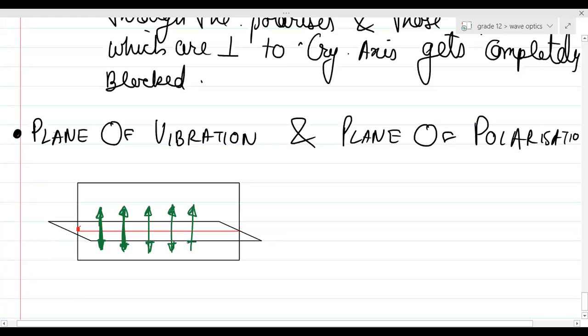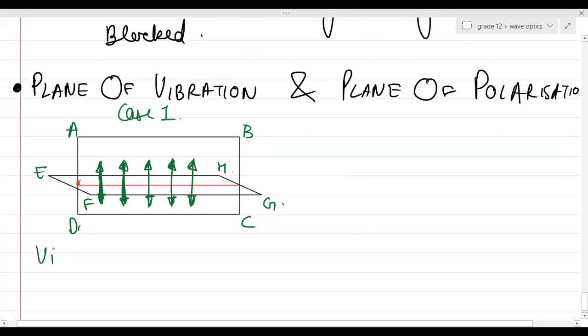One is, I'll name it A, B, C, and D, and let's say another one is E, F, G, and H. So for this particular light, case 1, can you see the vibrations are along the plane ABCD? Yes or no? Vibrations are in the plane ABCD.